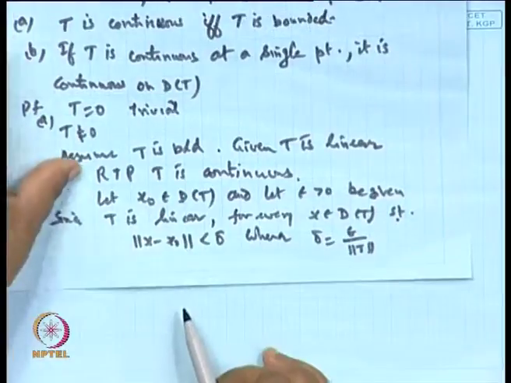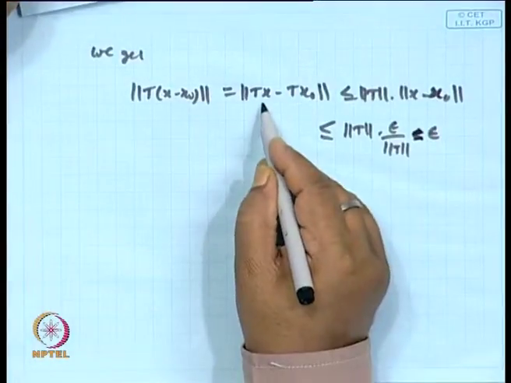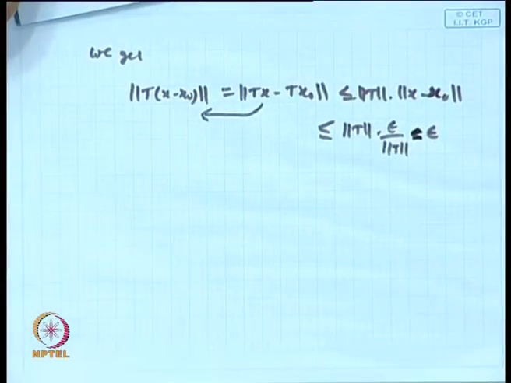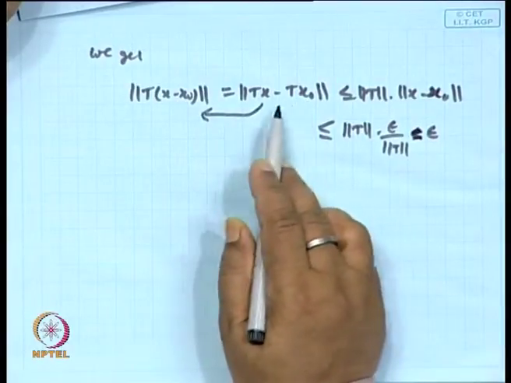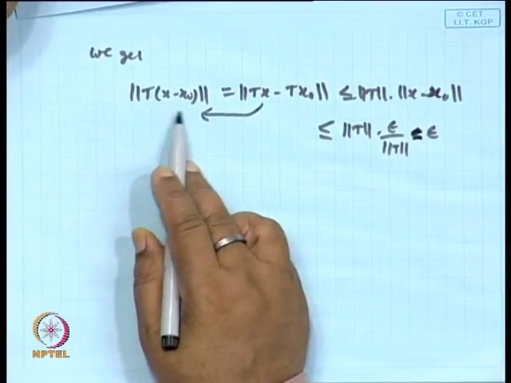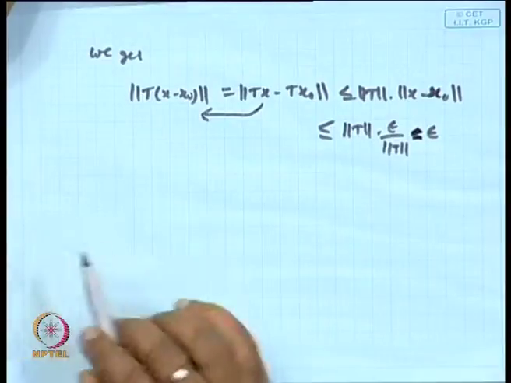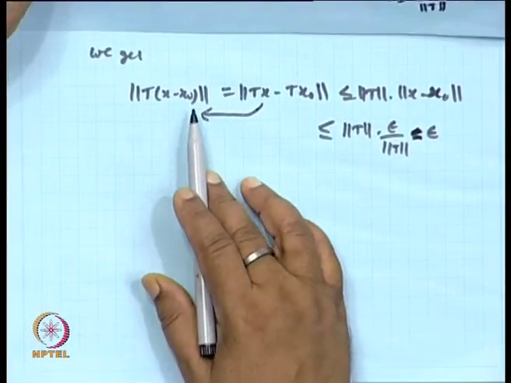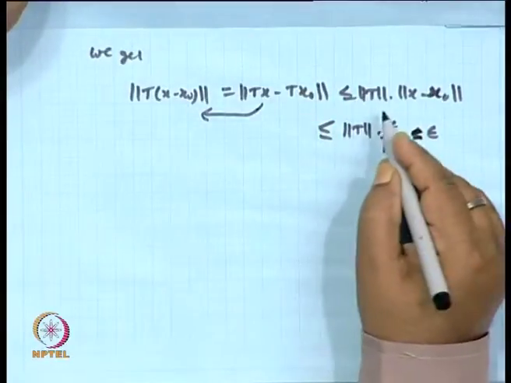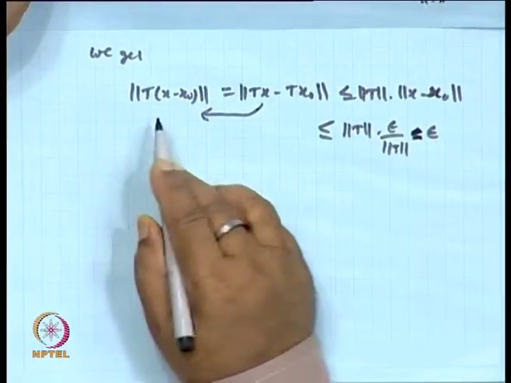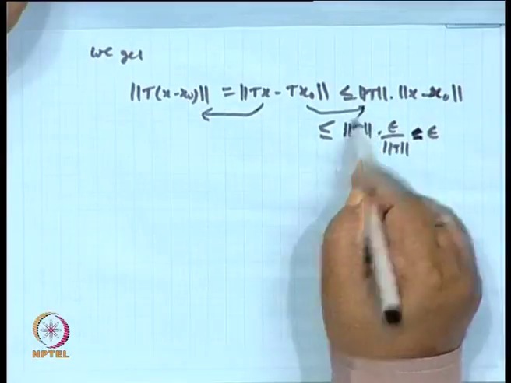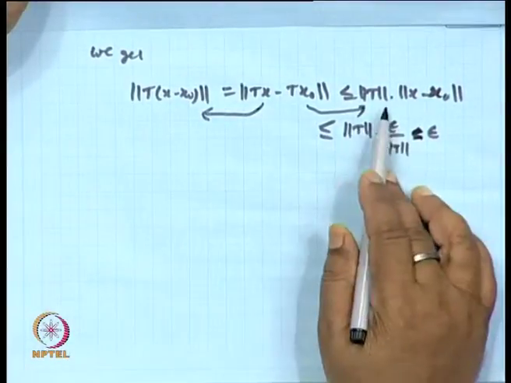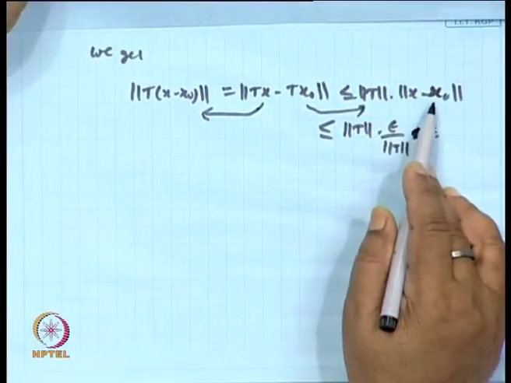It means that if I choose an arbitrary point x naught and epsilon greater than 0, then because T is linear, this condition can be written. T of x minus x naught can be written as T x minus T x naught, and because of the boundedness we can write from here to here, because norm of T x is less than or equal to norm T into norm of x.